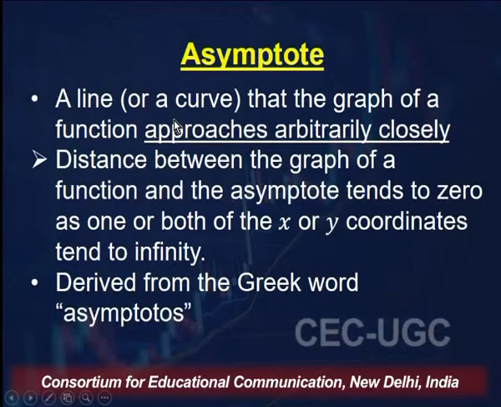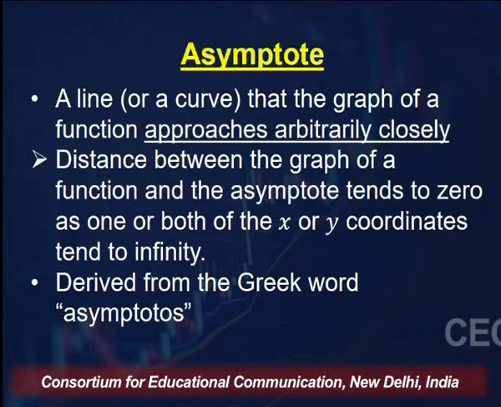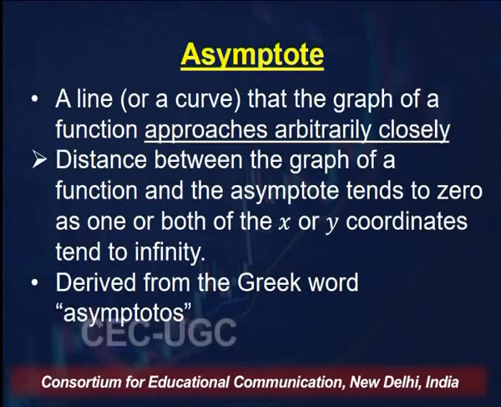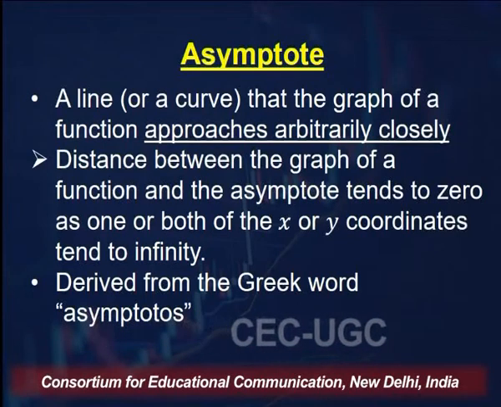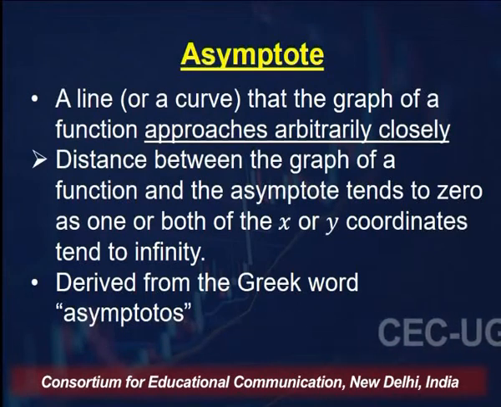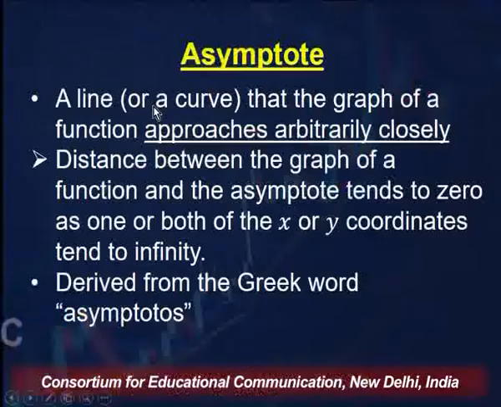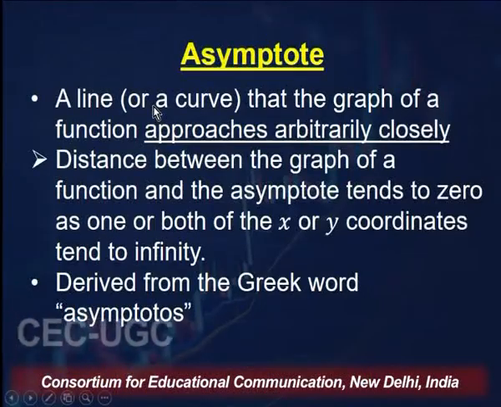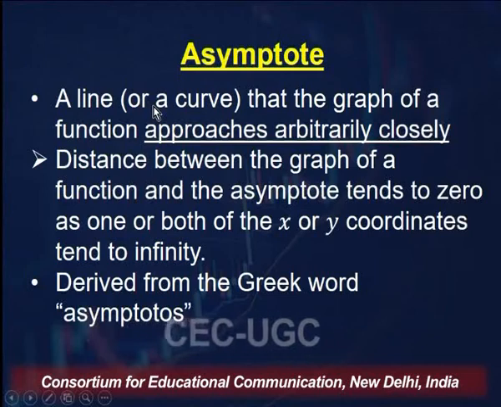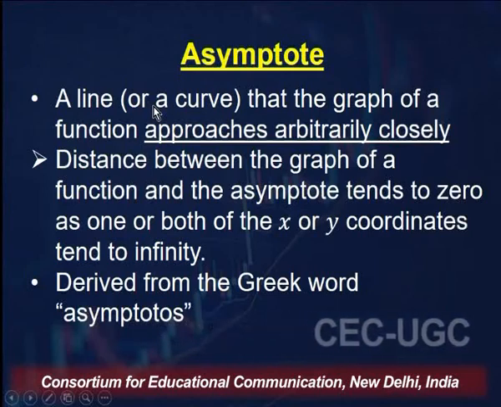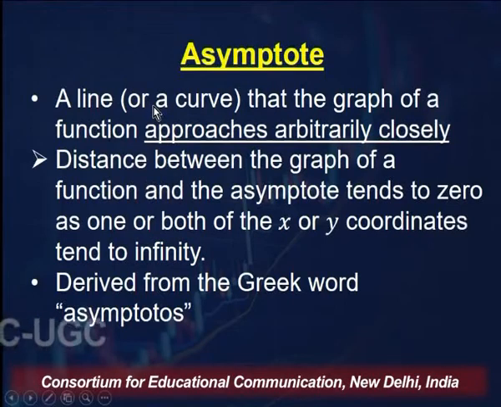This is because you can have asymptotes that are curves, but because we're not going to be talking about these in your syllabus, we're only going to be talking about asymptotes that are lines. Therefore, we will restrict ourselves to an asymptote as a line that the graph of a function approaches arbitrarily closely.